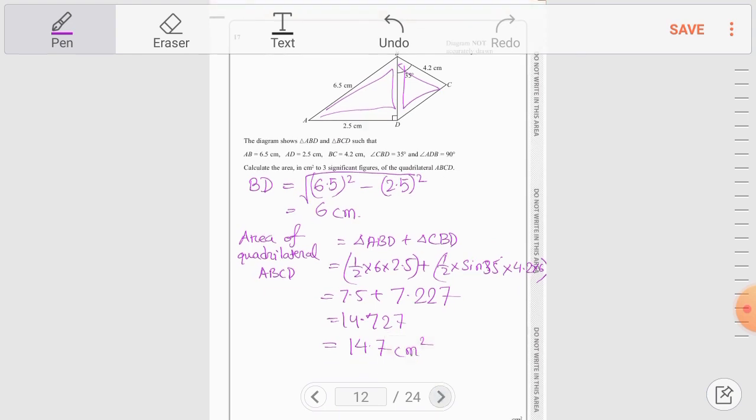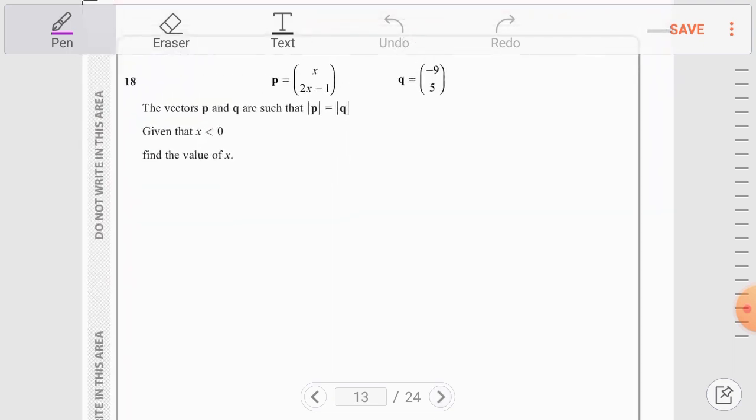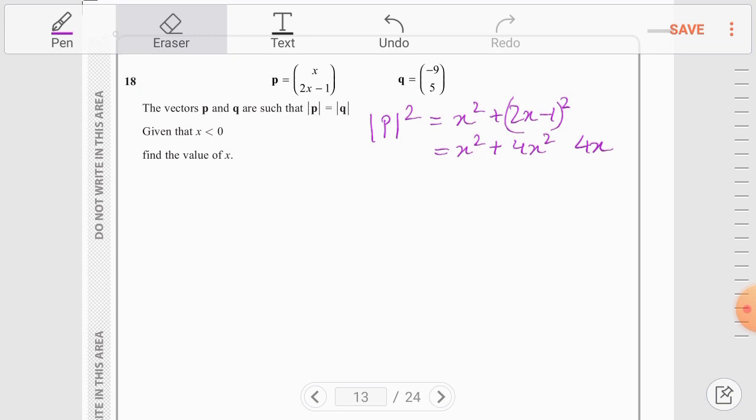Moving to question number 18. The vectors p and q are given and are such that modulus of p is equal to modulus of q. Given that x is less than 0, find the value of x. So at first we will find the value for the modulus of p square and q square individually. So p square is x square plus 2x minus 1 whole square, that is x square plus 4x square, minus 4x, minus 1, positive 1.